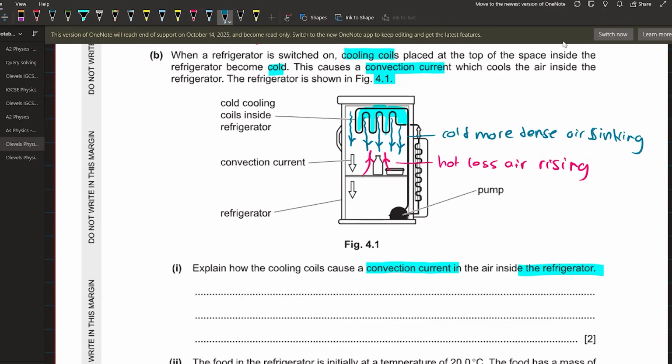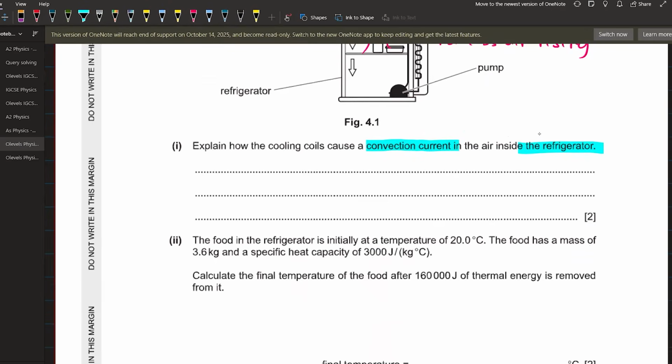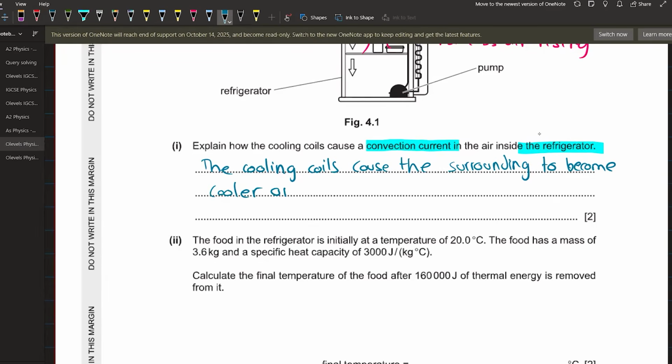So let's write it as well. You will say the cooling coils cause the surrounding air to become cooler and more dense.